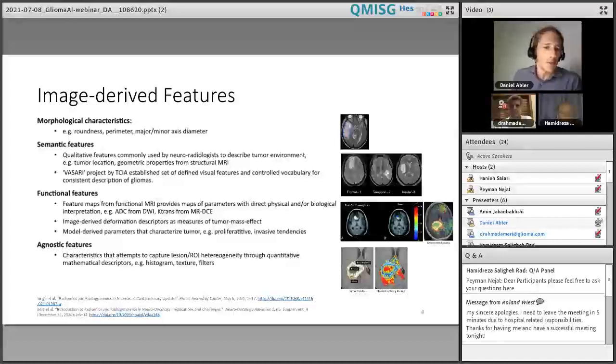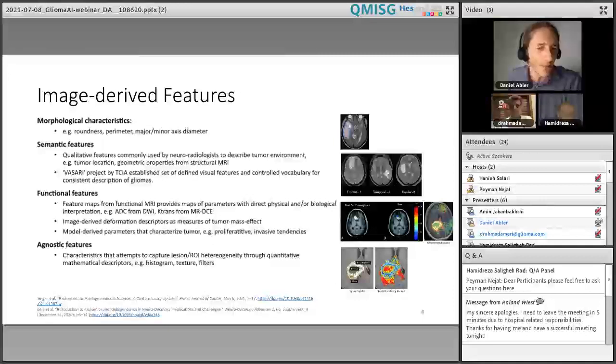These are features that neuroradiologists would typically be using, and Professor Wiestler had mentioned them in the morning. Those are also features that are already used as predictive features in clinical practice, as we've heard just now in the session.